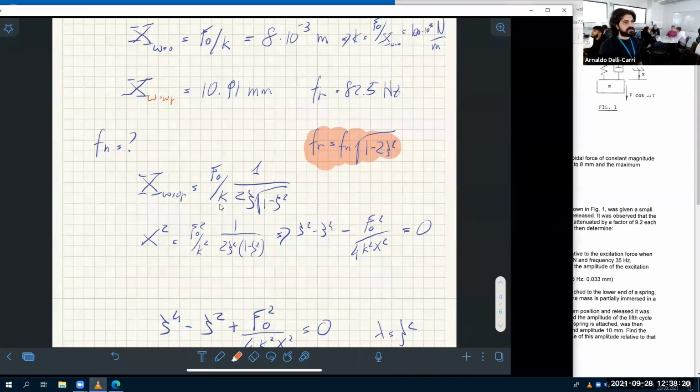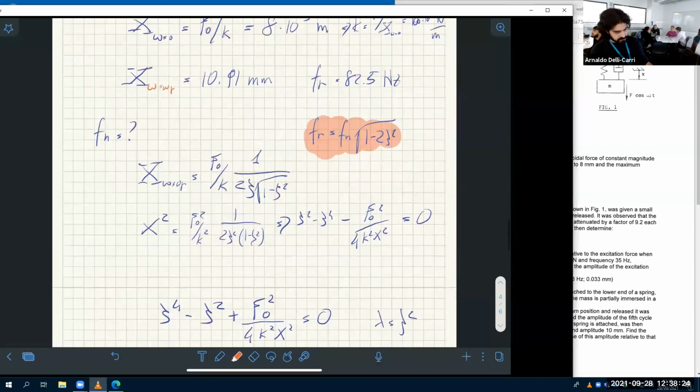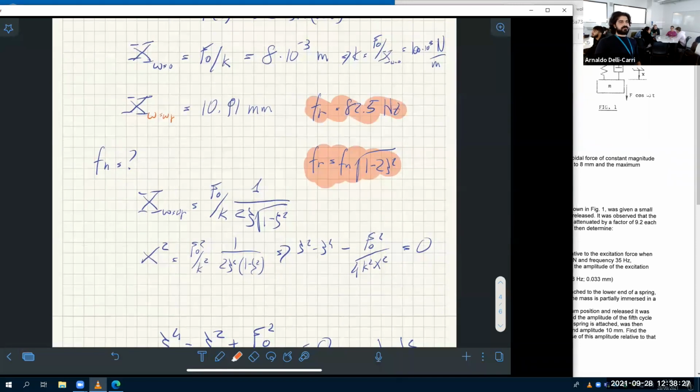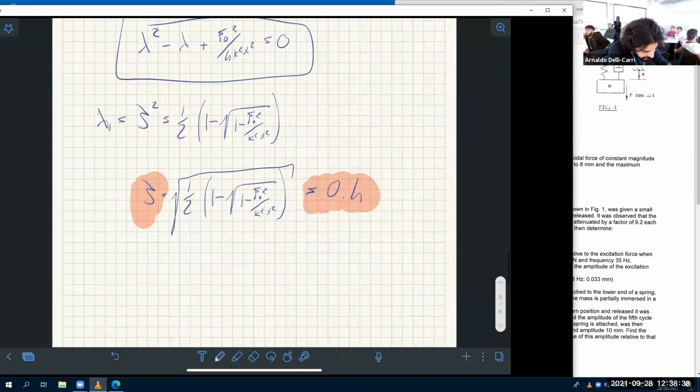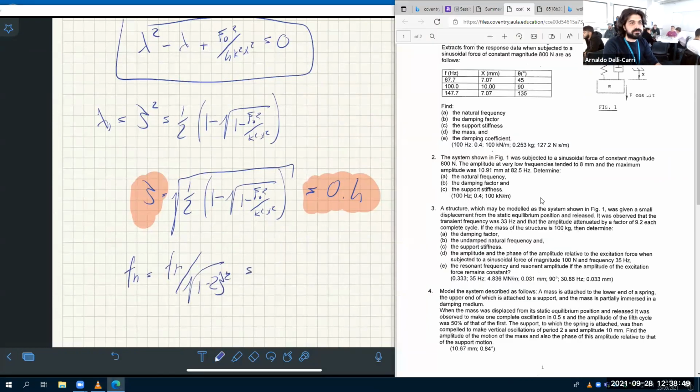Fn is Fr, which is this, divided by the square root of 1 minus 2 zeta squared. Very easy because zeta we just found. Everything else is easy. So Fn is Fr over this, which is equal to 100 Hertz.